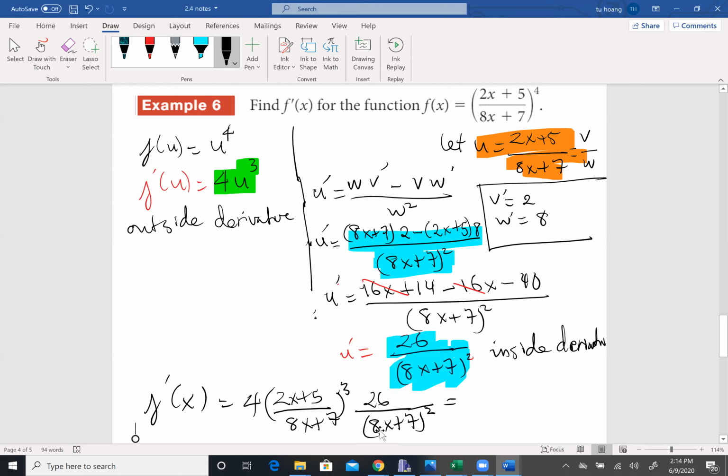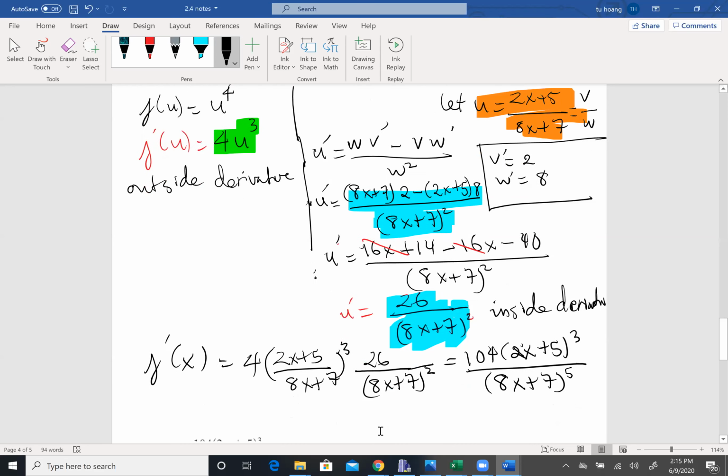Okay, 104, and then multiply with 2x plus 5 to the power third, divided by 8x plus 7. Now I can even combine 8x plus 7 to the power 3 multiplied with 8x plus 7 to the power 2, so 8x plus 7 to the power 5. So then this should be the answer.